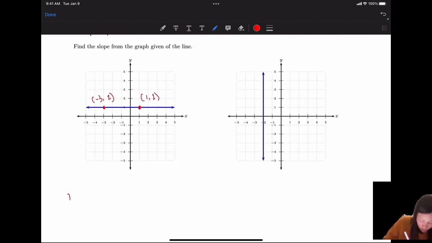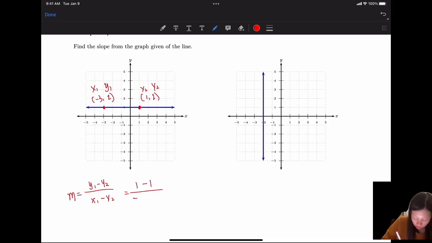Okay, so we have x1, y1, x2, y2, with y1 minus y2 over x1 minus x2. y1 equals 1, y2 equals 1, x1 equals negative 3, x2 equals 1. So I have 0 over negative 4. 0 over negative 4 equals what? 0. So that means what? When it comes to a horizontal line, our slope is equal to 0.